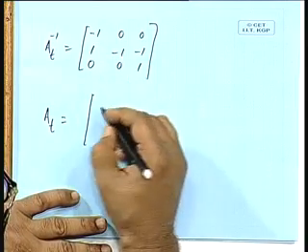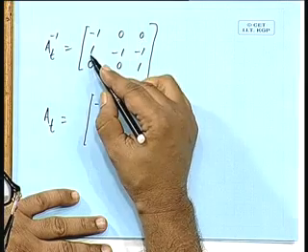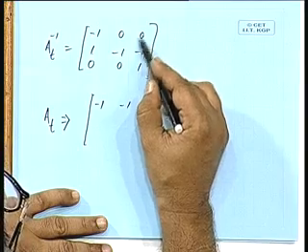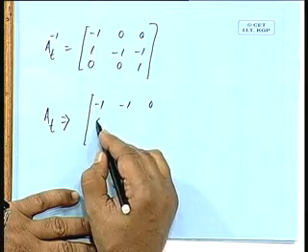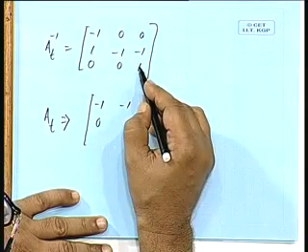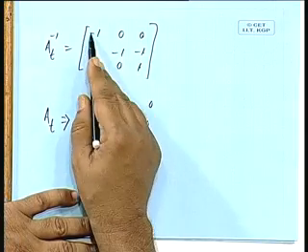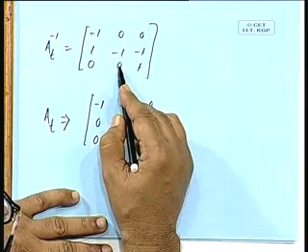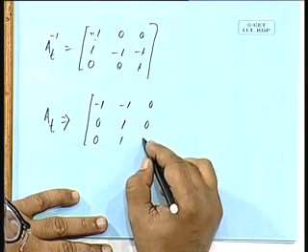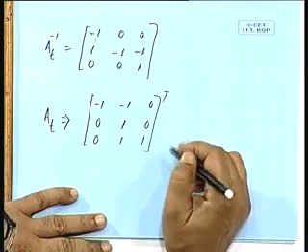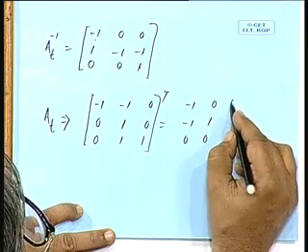This will be minus 1, this will be replaced by minus 1, this will be replaced by 0, then this will be replaced by 0, this will be replaced by 1, then this will be replaced by 0, this will be replaced by 0, this will be replaced by 1, and this will be replaced by 1. Is that so? And then the transpose of this. So, that gives me -1, -1, 0, 0, 1, 0, then 0, 1, 1.